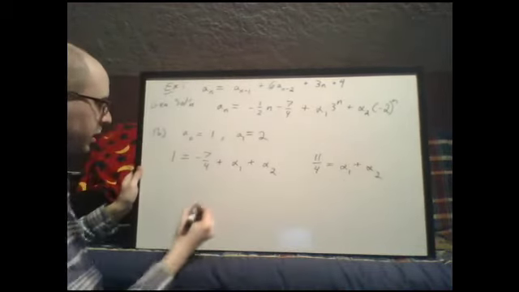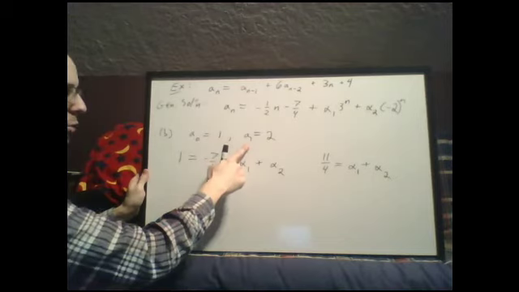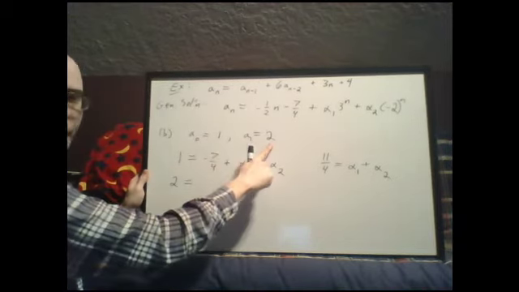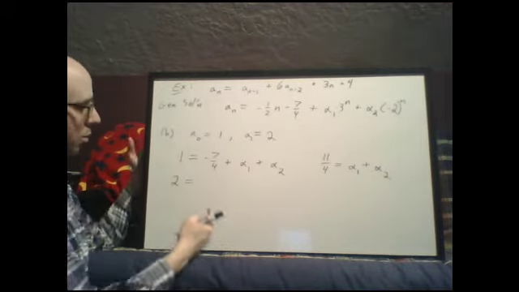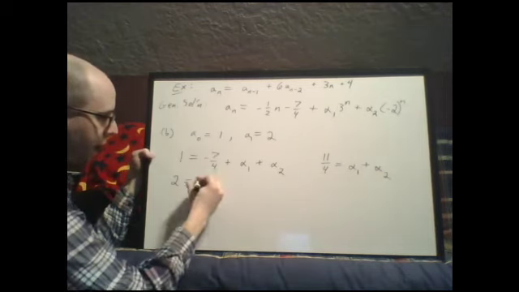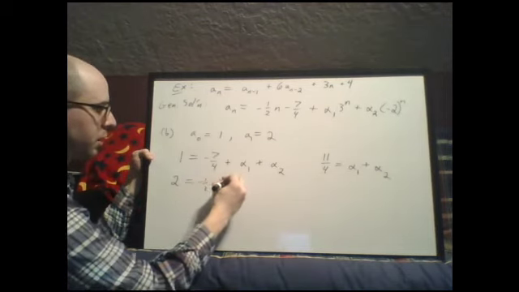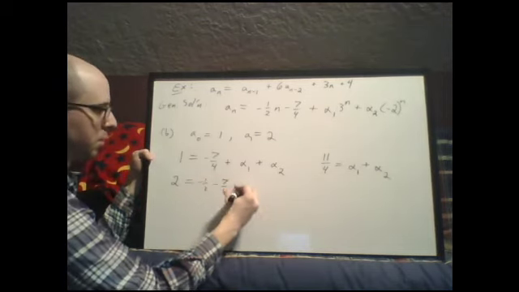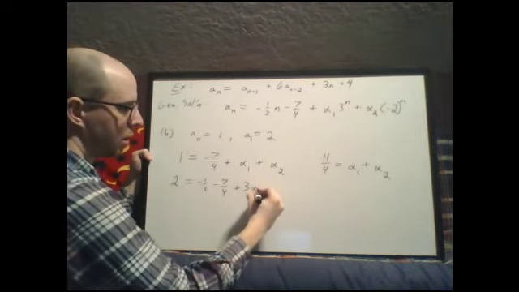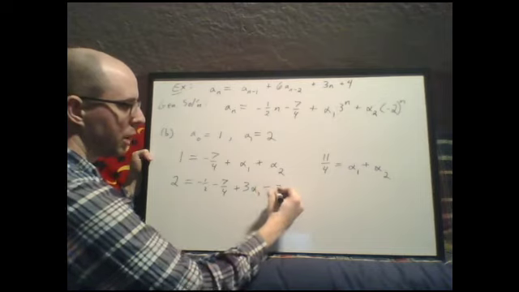So there's one equation. Now I plug in n equals 1. I'm supposed to get 2 as my value. If I plug in 1 on this side, I get something worse. So I'll get negative 1/2 minus 7 over 4 plus 3 alpha 1 and minus 2 alpha 2.